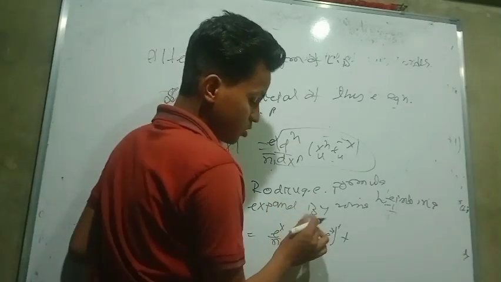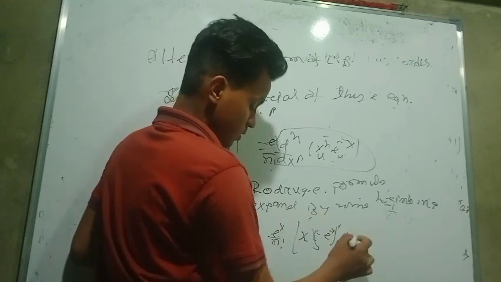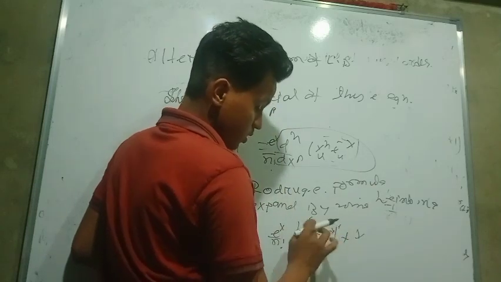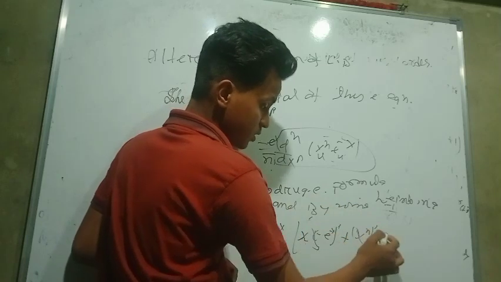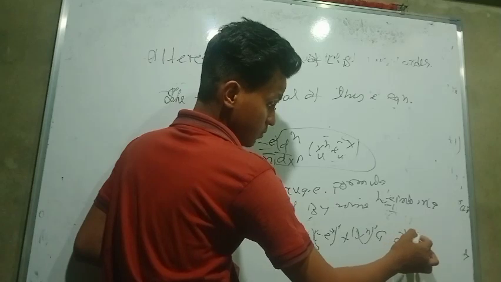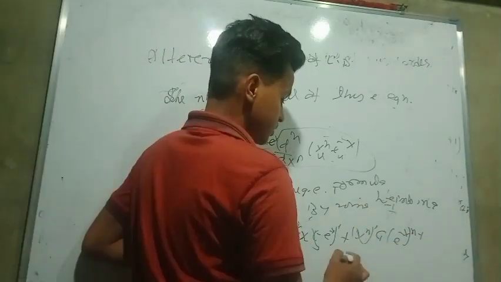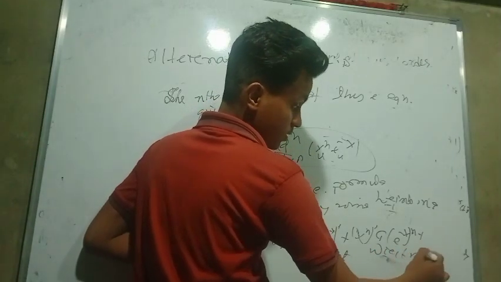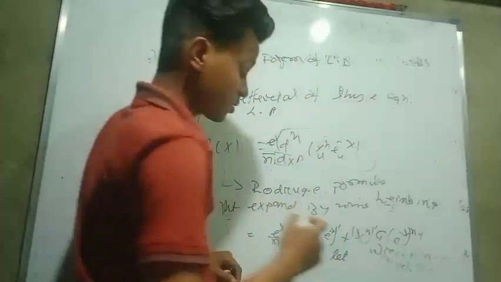Here it is the zeroth differential, so the differential is not done, that is, x to the power n. Now the differentiation of one time: it will be C1, here C0, x to the power n minus 1. Let me write n minus 1 as a differential of this.